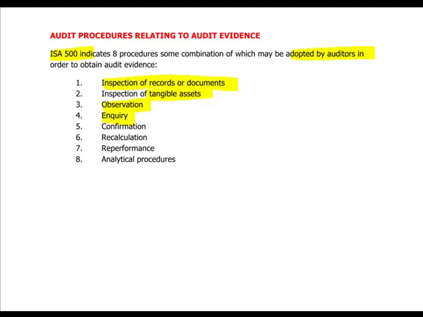Inquiry, asking management about, for example, estimations, how the value in use of non-current assets was calculated. Confirmation, that's confirmation from a bank, for example, a third party confirming a balance, a bank or a supplier or a client. Recalculation, that would be recomputing some kind of figures, for example, discounts allowed for customers, recomputing them according to the contractual provisions and the amounts that were invoiced to the clients.